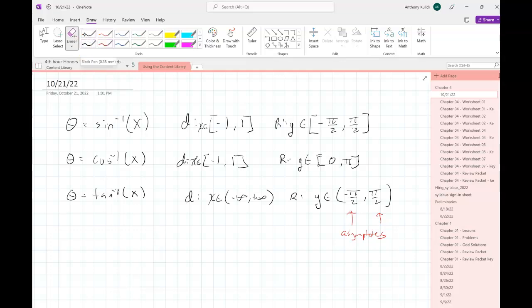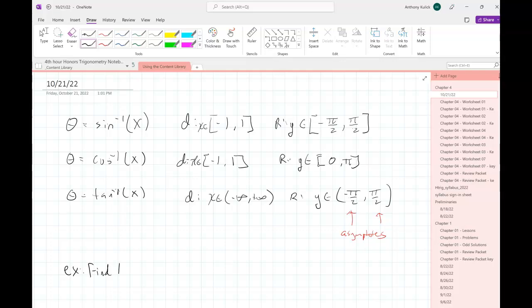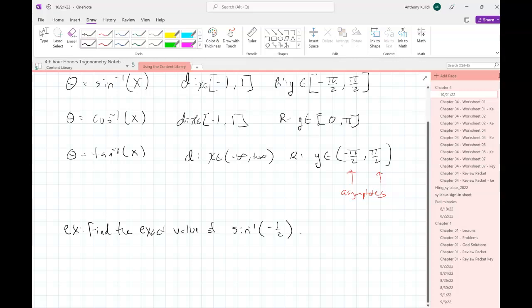That was a tricky question. Okay. So when I say find the exact value of sine inverse of -1/2, the answer that I'm getting needs to be in the range of sine inverse.